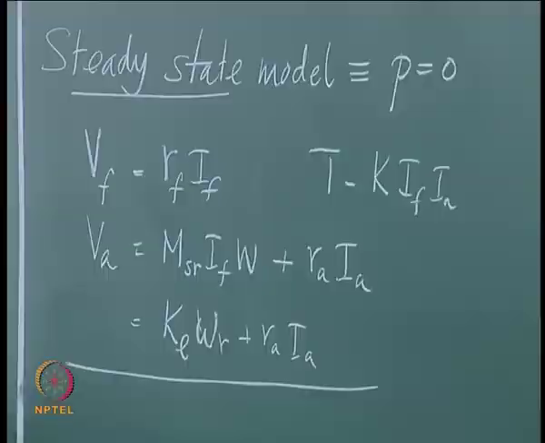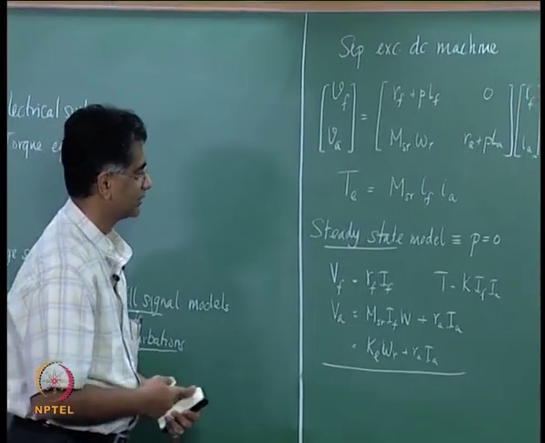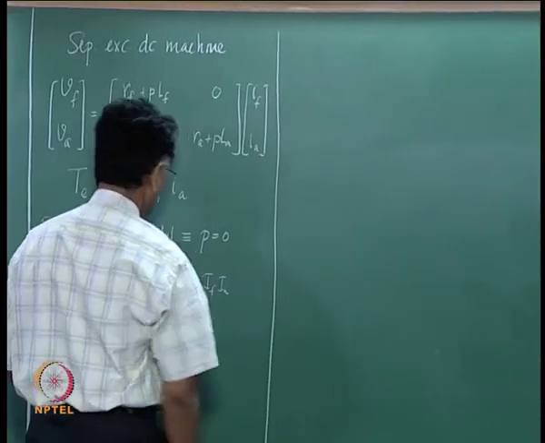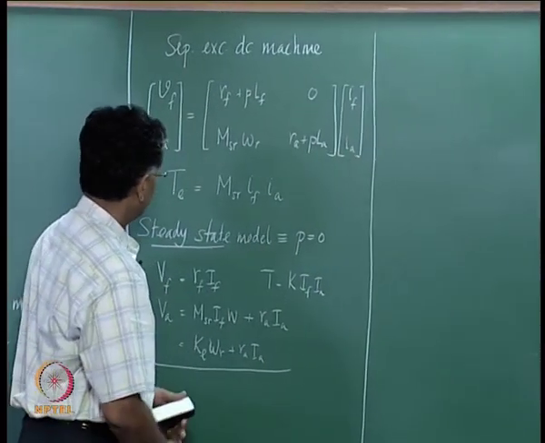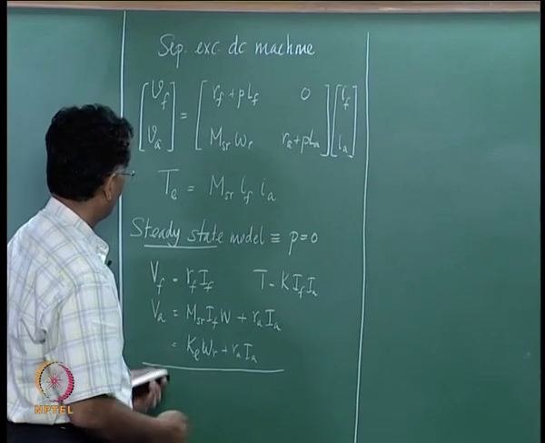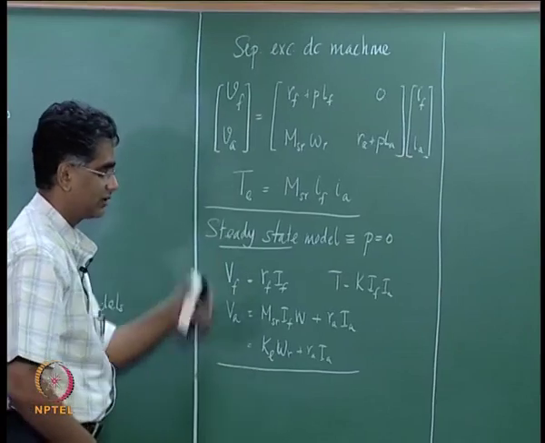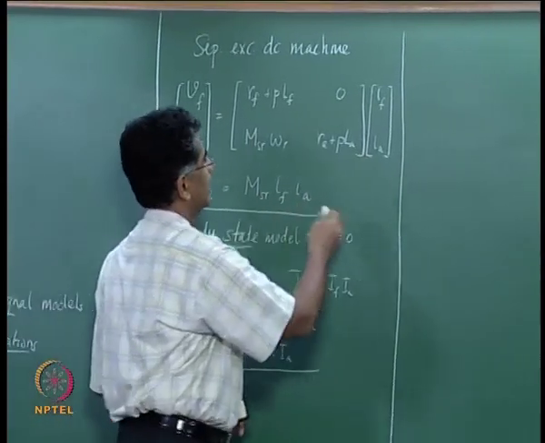So in order to derive the small signal expressions, now let us consider that we have not actually written the mechanical equation of the system. That is not there, we will add that now.